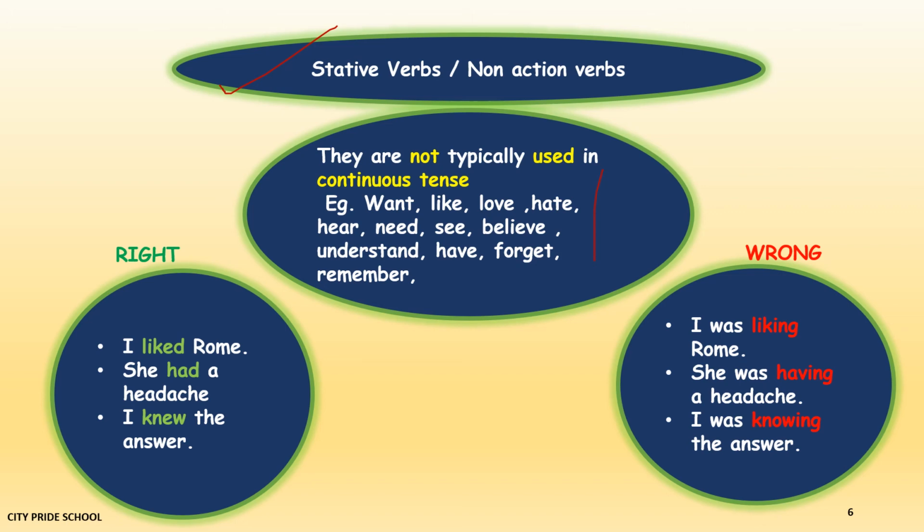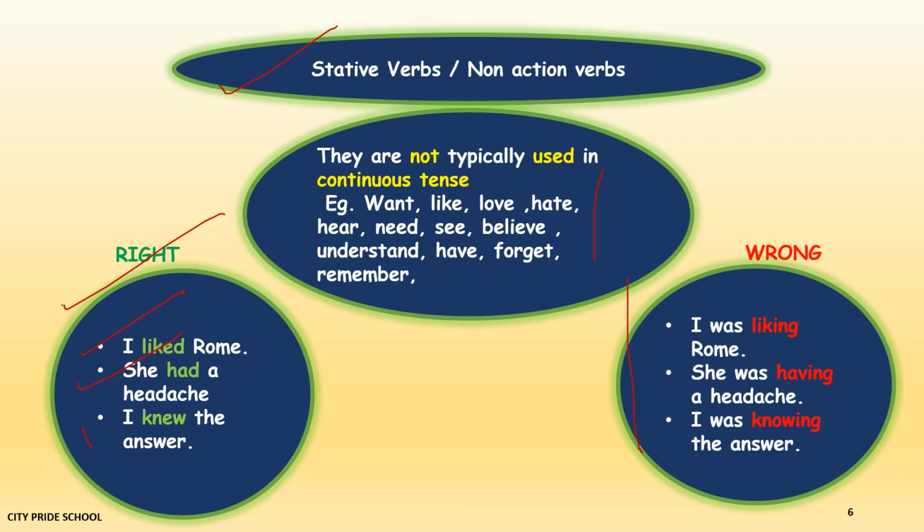They have no action. So here, towards the left-hand side, I have included a few sentences which show right usage, and towards your right I have listed wrong usage of these verbs. For example, I liked Rome, the correct usage. She had a headache, correct usage.